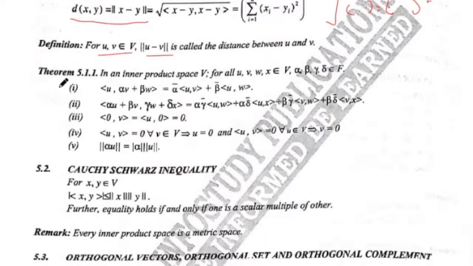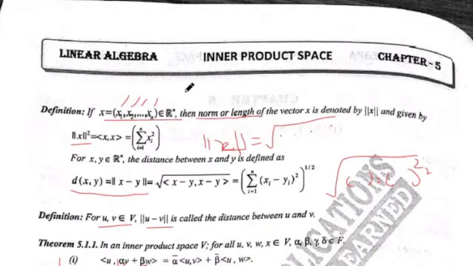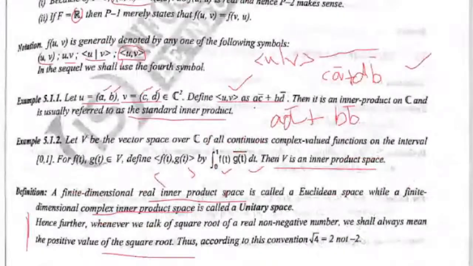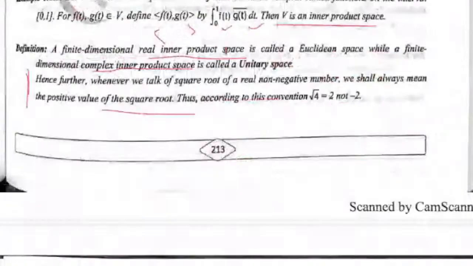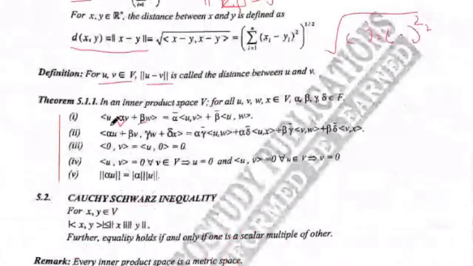Next, the theorem statement. These 5 statements are important, and are useful in solving problems. For an inner product space, taking the scalars alpha and beta in the second term, that is (u, alpha v plus beta w): according to the definition, we take (alpha u plus beta v, w), and this is also possible for (u, alpha v plus beta w). If these scalars are taken out of the second term, it will be a complex conjugate.